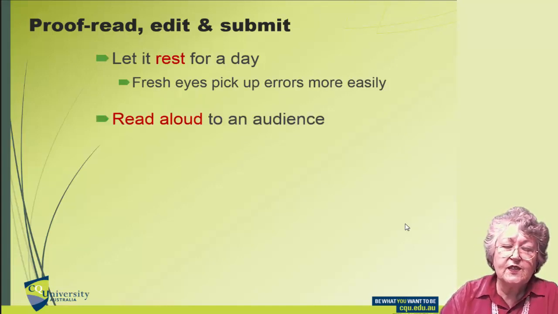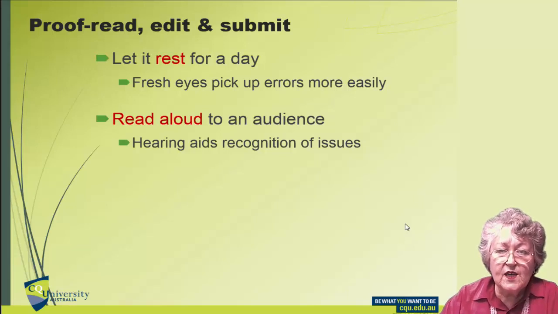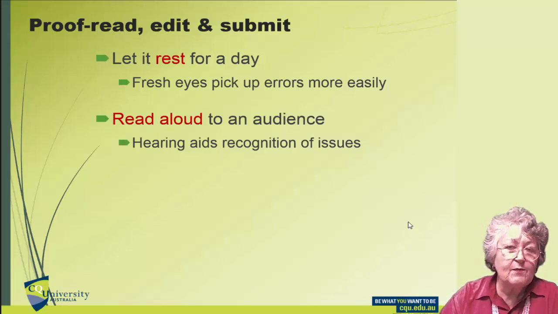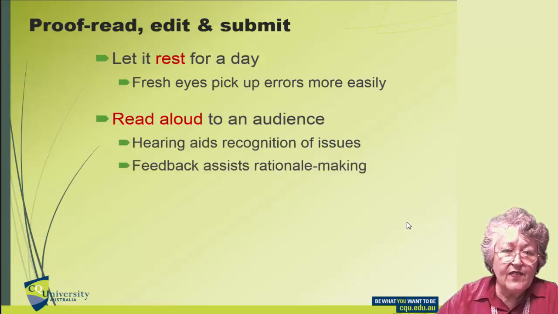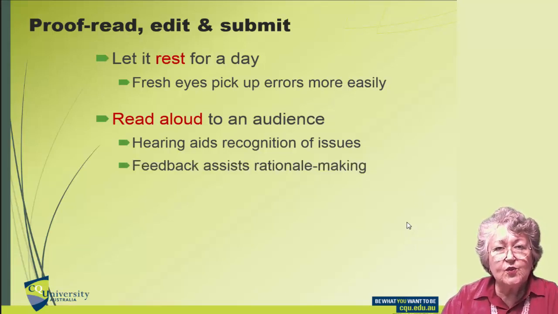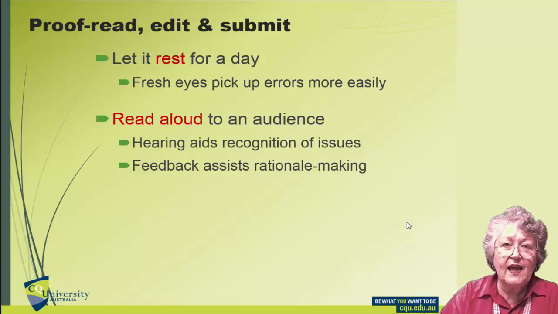The second thing you'll need to do is read aloud to an audience, even if the audience is only you, because hearing also aids recognition of issues, and if you happen to have somebody you are reading to, then their feedback will assist you with your rationale making. There may be some ideas that are not clearly explained.